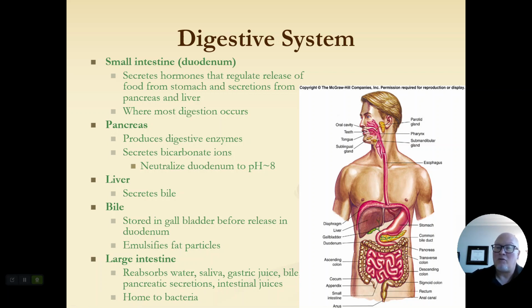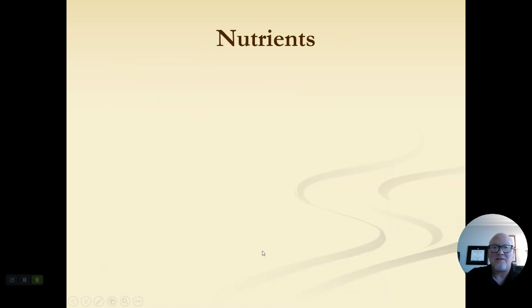Inside the small intestines you have little fingers called villi, protrusions of the wall that increase the surface area, so there's lots and lots of surface area for absorption of nutrients. Once all of the water has been reabsorbed in the large intestines, what's left is a solid waste that exits the body by way of the anus.